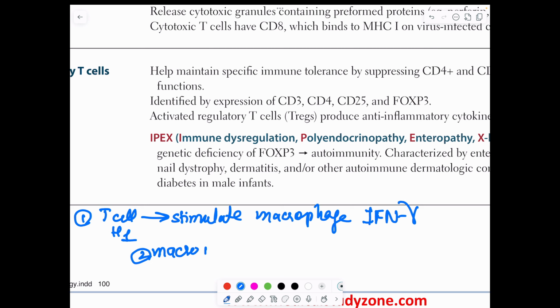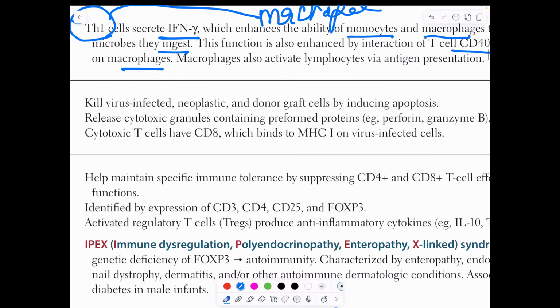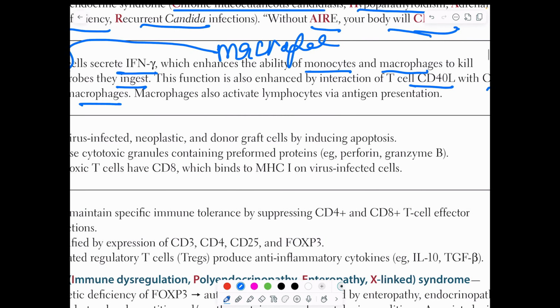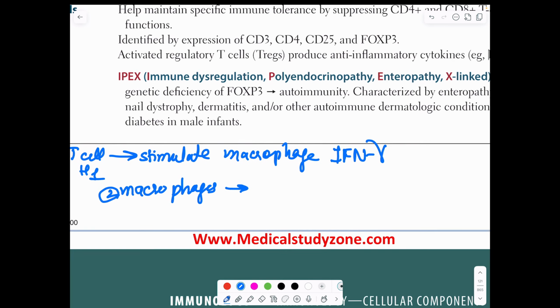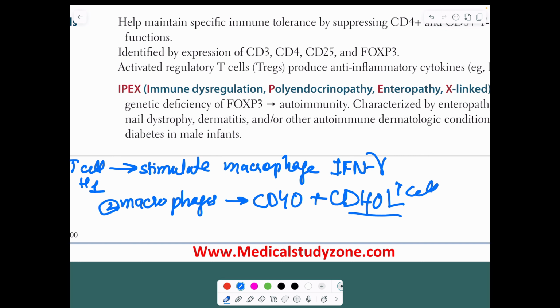Second, the macrophages also interact with the T cell by CD40 and CD40 ligand. CD40 is present on the macrophages, and CD40 ligand is present on the T cell.